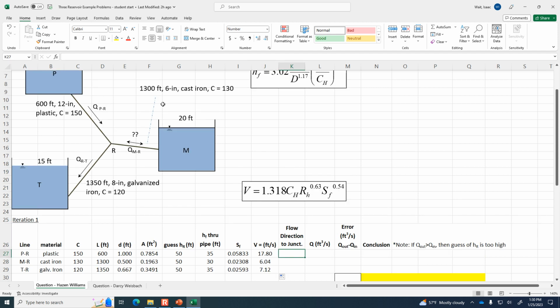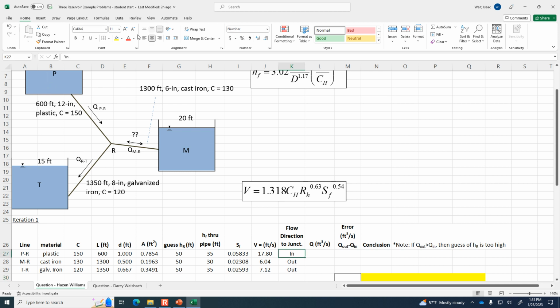So PR, in this assumption, the water is flowing into the junction from pipe PR, and the water is flowing out from the junction through MR and out through pipe TR. Okay, so in is just because the water's coming into the junction.